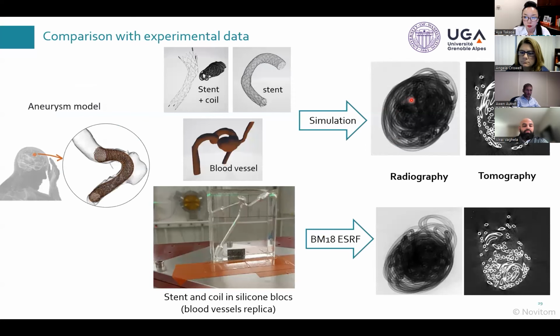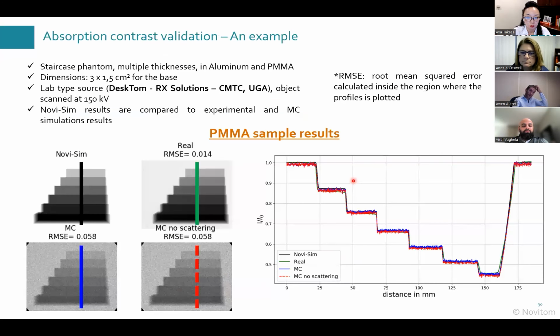On the top, you have the simulation. On the bottom, you have the image acquired on the BM18 beamline at the European Synchrotron Radiation Facility. And we are also doing more quantitative measurements. So I will show you some of those results.